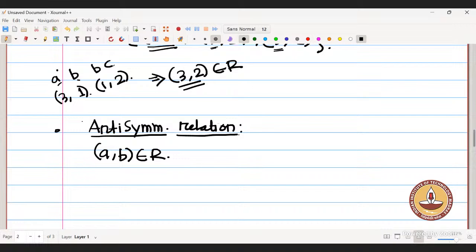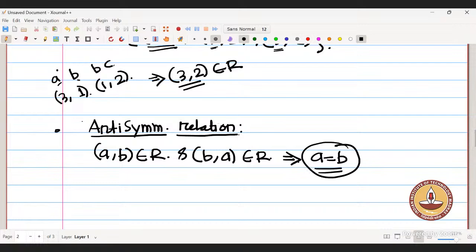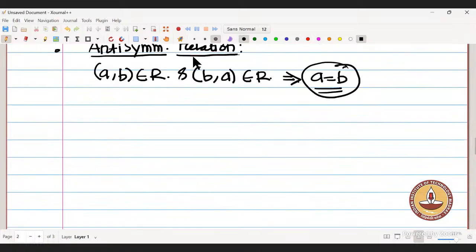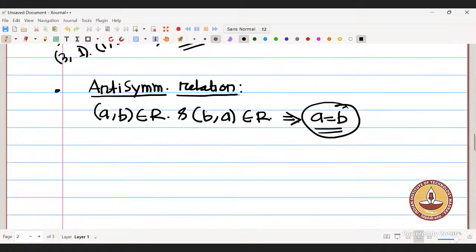See, this basically says if (a, b) is in R and (b, a) is in R, that means a should be equal to b, right? So there is a huge difference. Consider this relation {(1, 1)}.